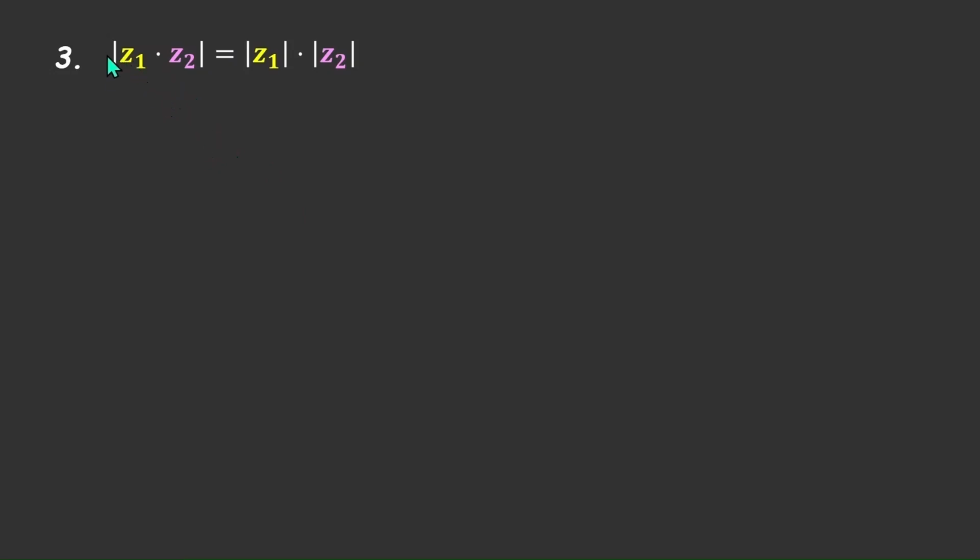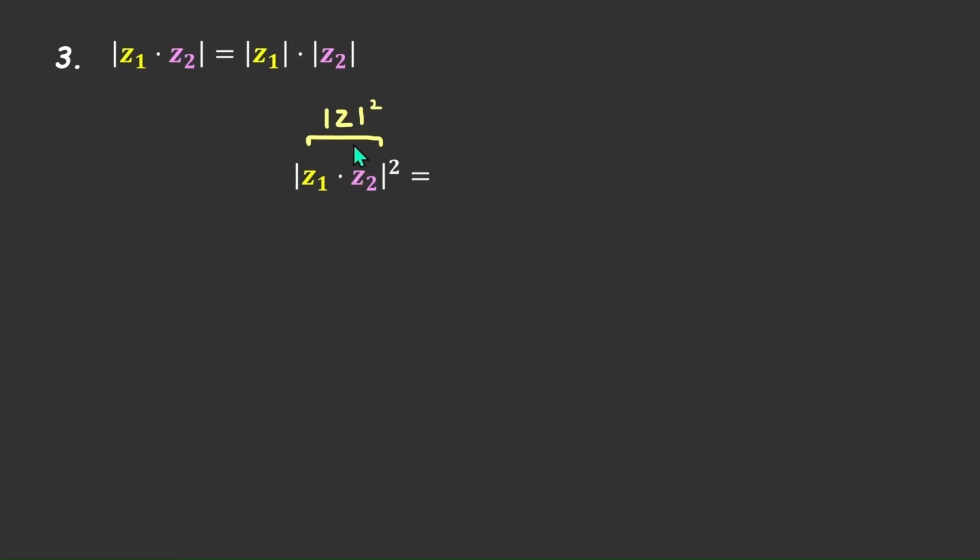Let's start with LHS and then try to prove the RHS from it. So on LHS, we have mod of z1 into z2. For the sake of convenience, let's write it as mod of z1 into z2 whole square. Because we know the property of this, we can treat this as mod of z square, where z is some complex number equal to z1 into z2.